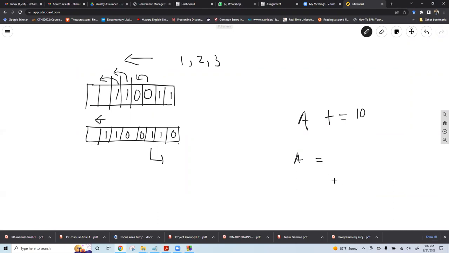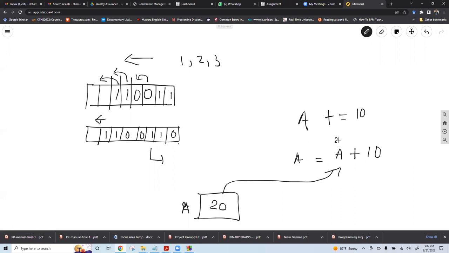If we have variable a with a value, let's say 20, take that value 20 and add 10.